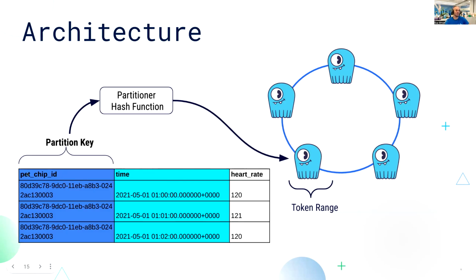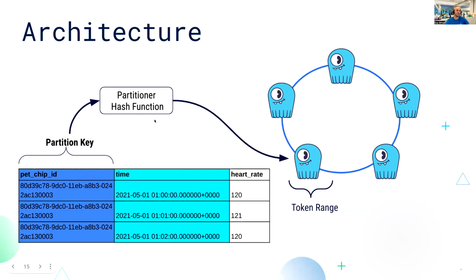Each table requires the user to define the partition key. The partition key is an important concept. I'll talk about that a bit more. The partition key can be 1 or more columns. So in this example, it was defined just as 1 column, the pet chip ID. And when we write data to the database, what happens under the hood is that the node takes the value of the partition key, pet chip ID in this case.